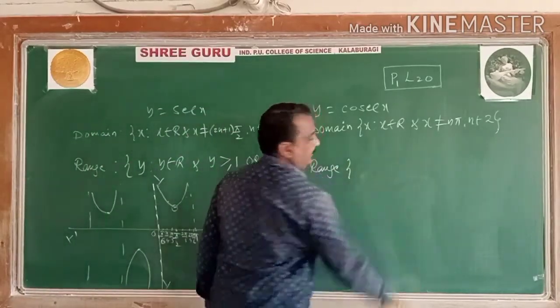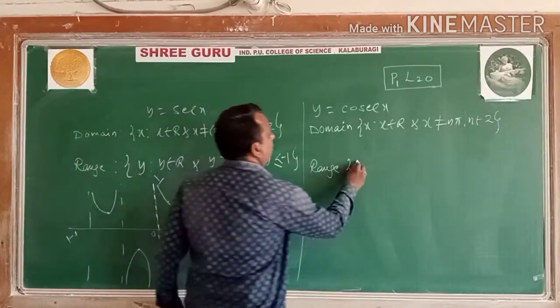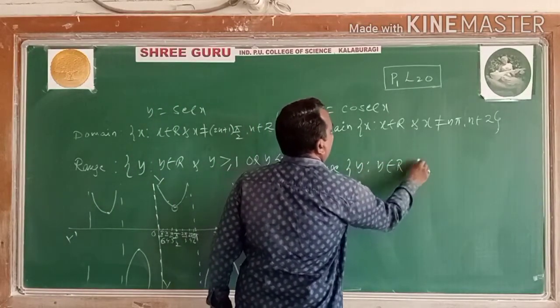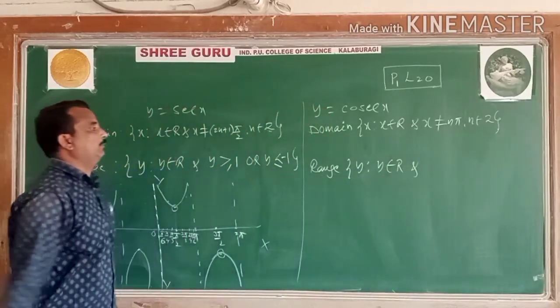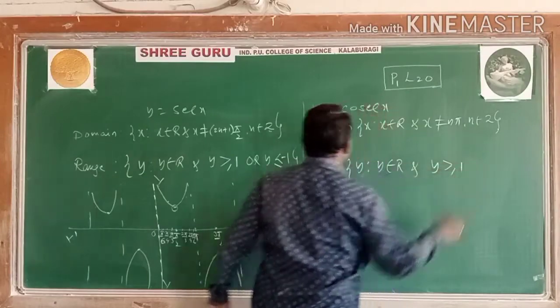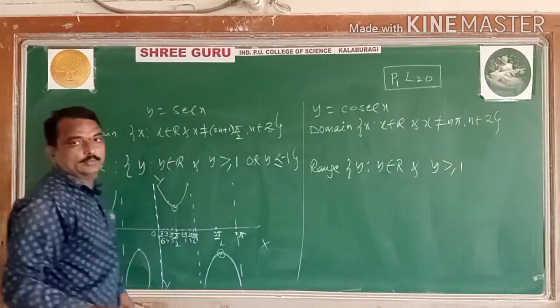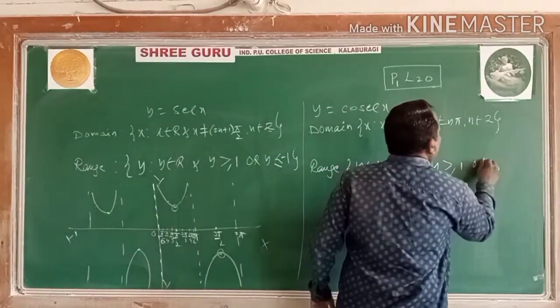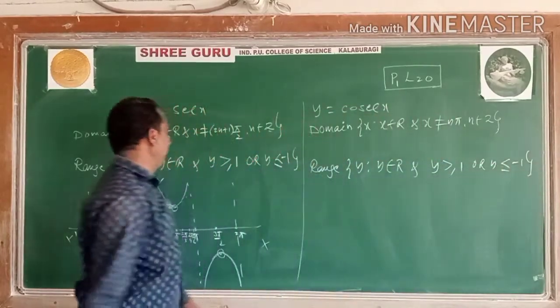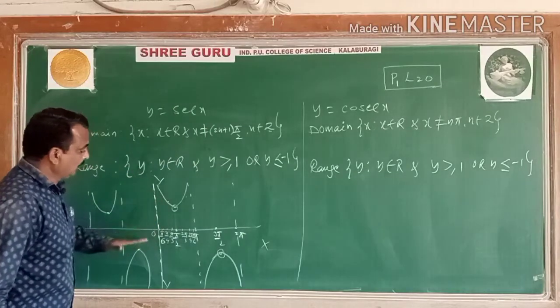Range is the set of all y such that y belongs to the set of real numbers and y is greater than or equal to 1, or y is less than or equal to minus 1. So not less than 1 and not greater than minus 1; like that we have the values here. So minus 1, less than or equal to minus 1.